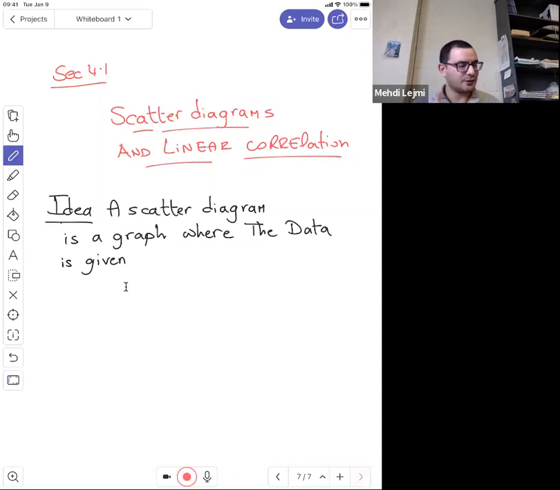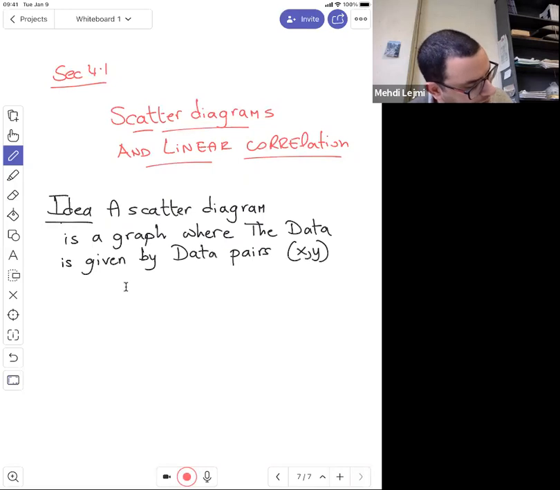So we're going to have two values. The data is given by data pairs, let's say x and y, plotted using the x-axis and y-axis.